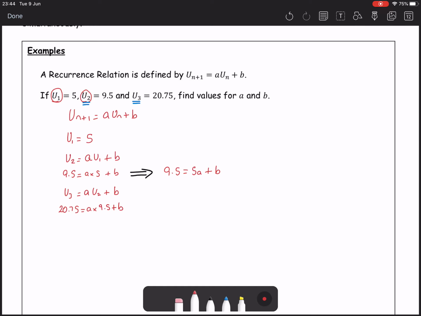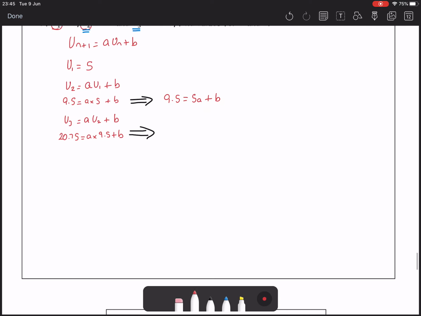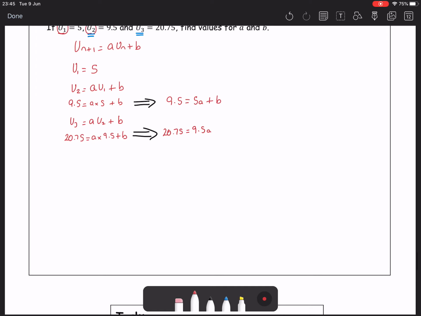So just using our recurrence relation, that allows me to write 20.75 is equal to 9.5a plus b.